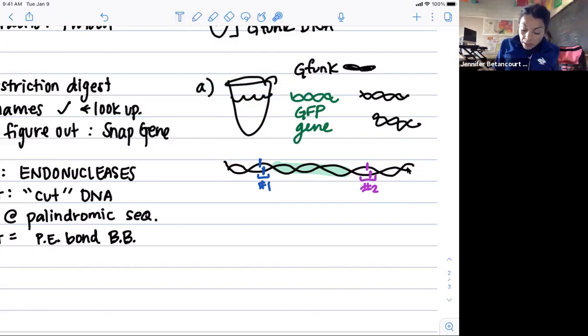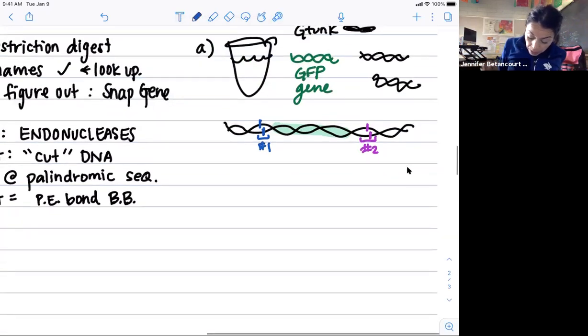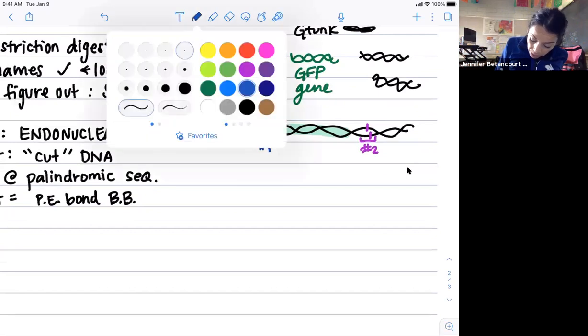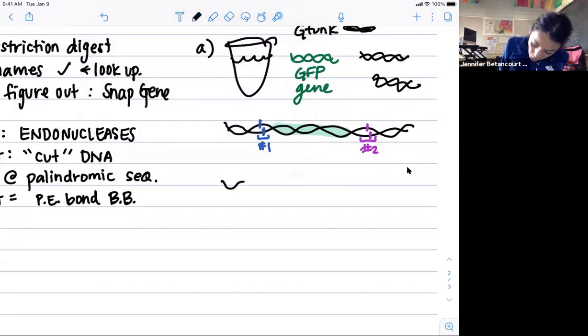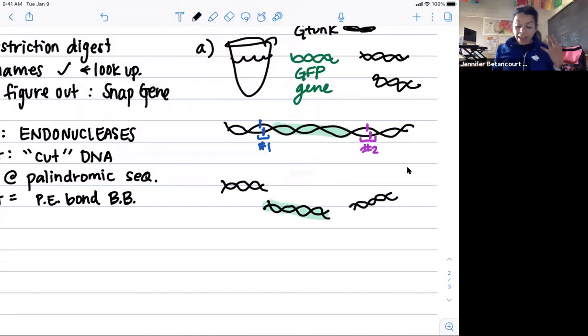At the end of this, if you could zoom in, you would have this tiny little chunk of the chromosome, and then you'd have the GFP completely separate. So there's your GFP, I'll highlight it so we know it's the GFP, and then we have the other part of the chromosome, all floating around in this tube.